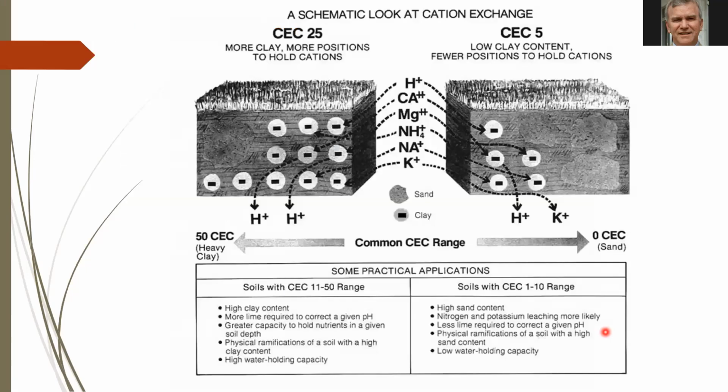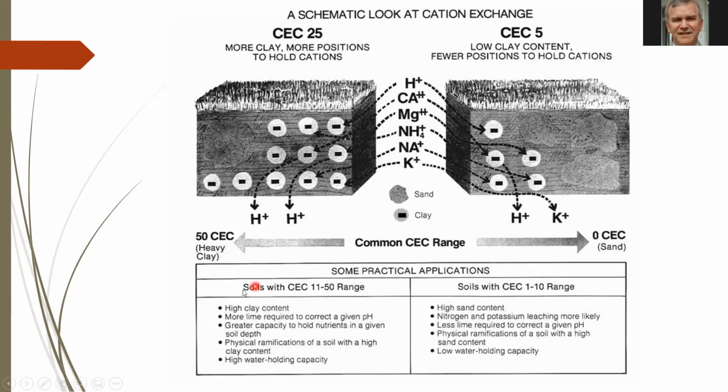This is a schematic look at the cation exchange. On the left, we have a high cation exchange of 25. On the right, we have a low cation exchange. And if you look at the bottom, there are some practical considerations here.